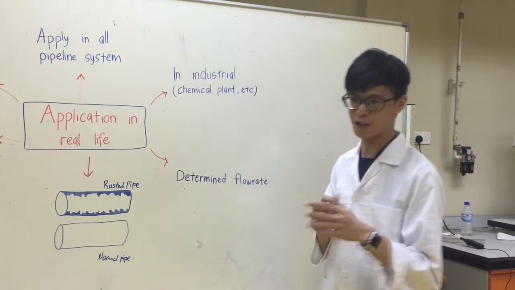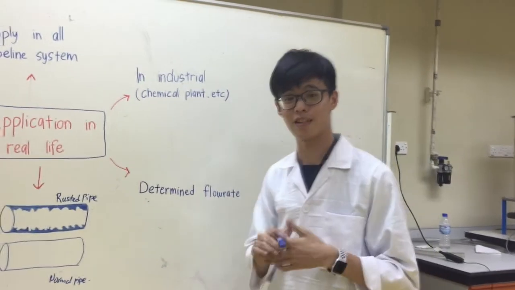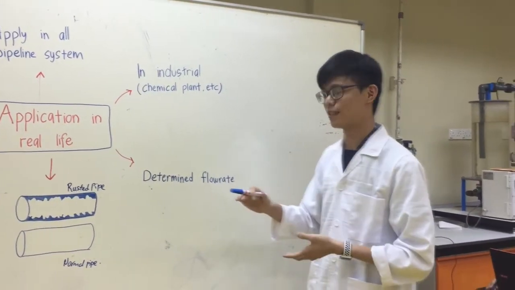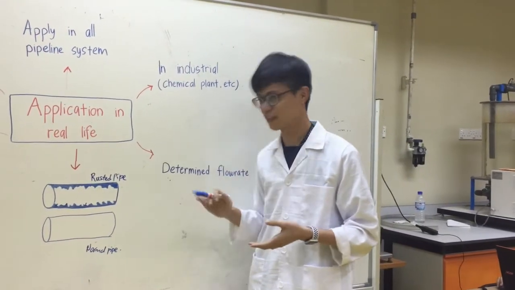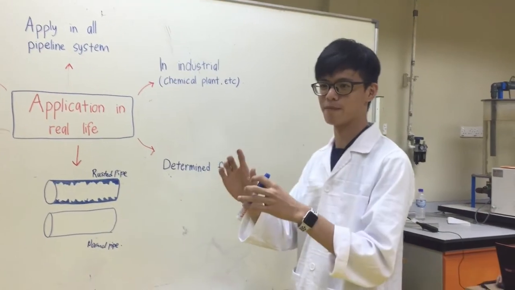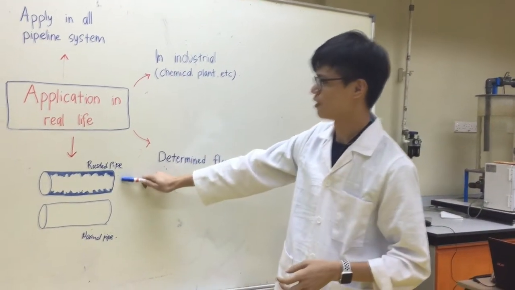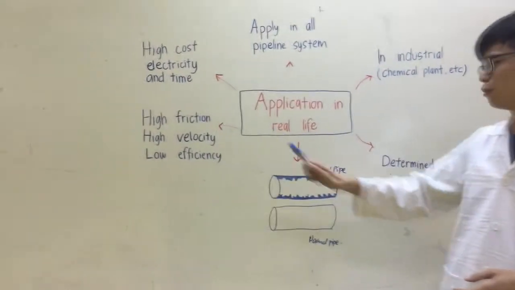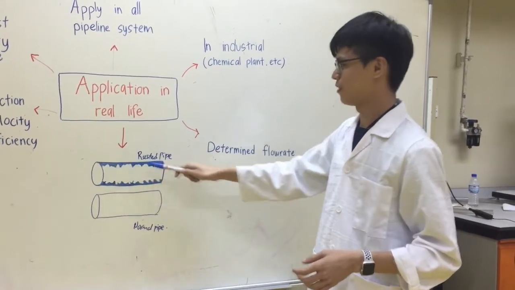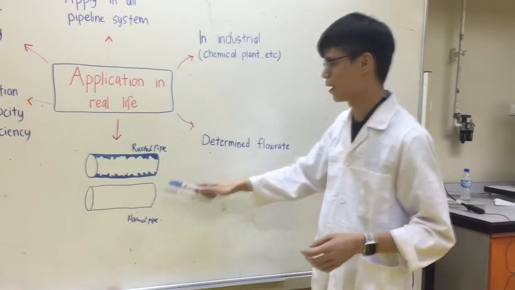So chemical engineer will determine the percentage of wear and tear of the pipe by determining the flow rate. For example, engineer will pump the water into the pipe. So the larger pipe will have a higher velocity due to it having less area for the water to flow in compared to normal pipe.